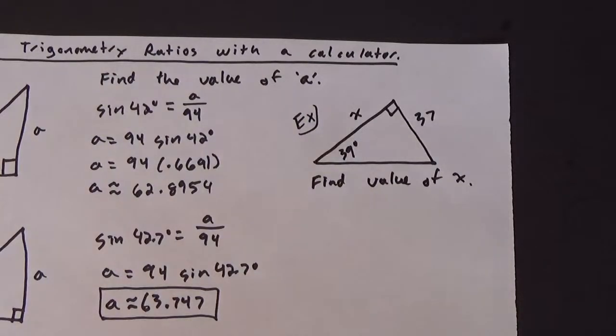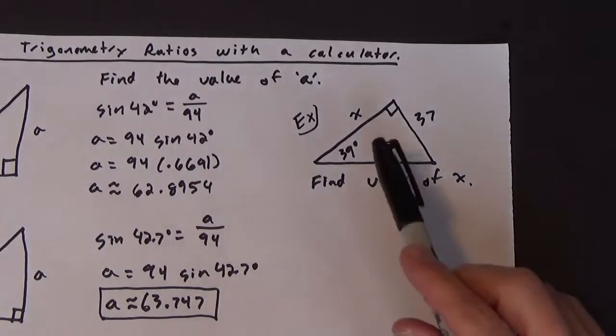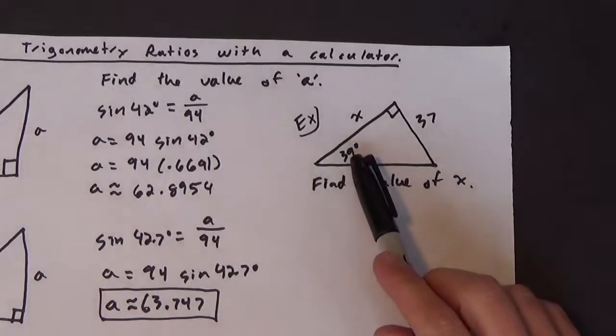Now I do want to discuss a little bit about appropriate calculator use. The idea is you don't use your calculator until the very end. We're going to set up our trig ratio and solve for x. Once that is all done, then we use the calculator. So let's first figure out which trig ratio we want to use.